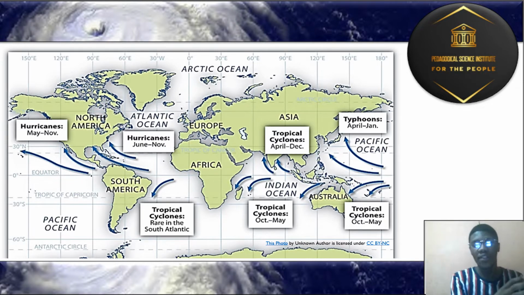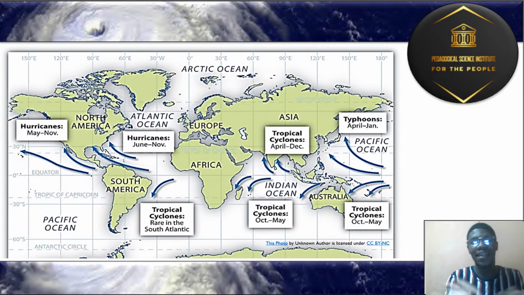Now, in the northern hemisphere, we call them hurricanes. And why do we call them that? Simply because Americans like to be fancy, so they will use these fancy names. It simply means it's still a tropical cyclone, but the name is associated with the conditions that come with it. And then in some eastern parts of Asia, they call them typhoons. So that's another name that we use to describe them.